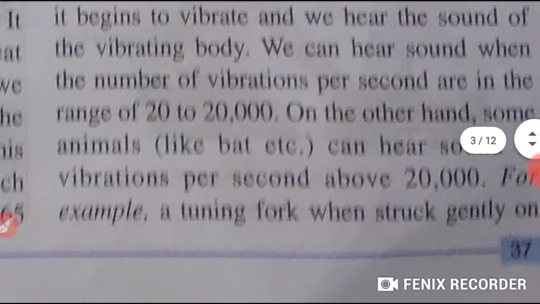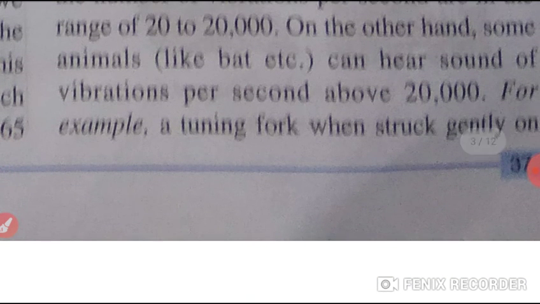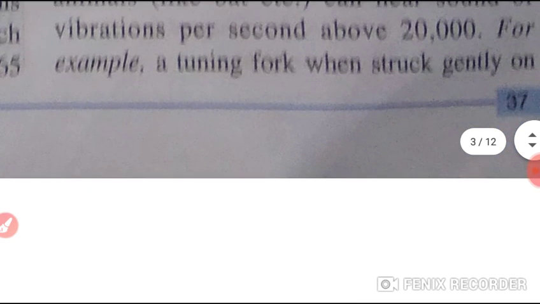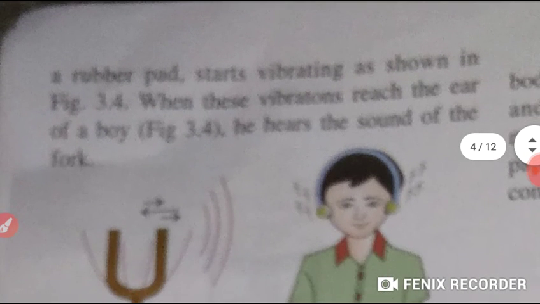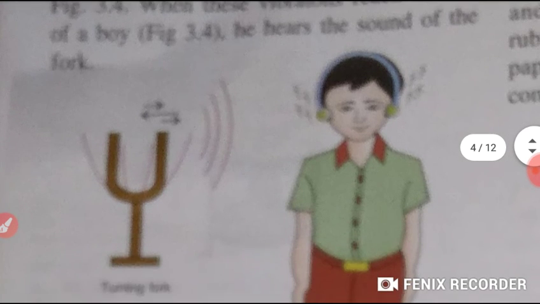We can hear sound when the number of vibrations per second is in the range of 20 to 20,000, while some other animals can hear sound of vibrations per second above 20,000. For example, a tuning fork, when struck gently on a rubber pad, starts vibrating, as you are seeing in this diagram.